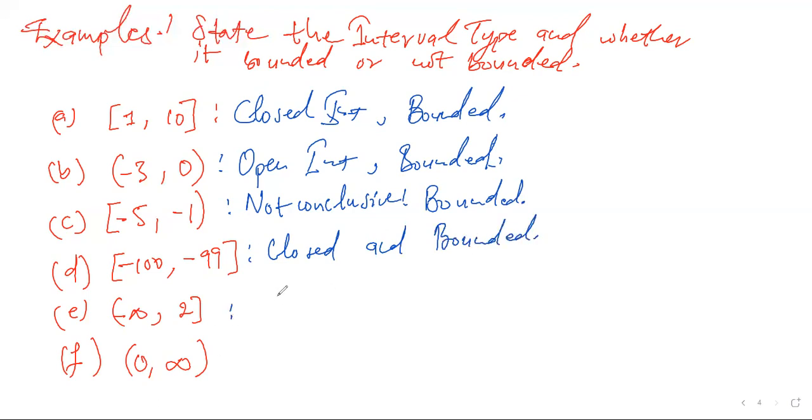And this one here is not conclusive because 2 is included, right? Not conclusive and unbounded.